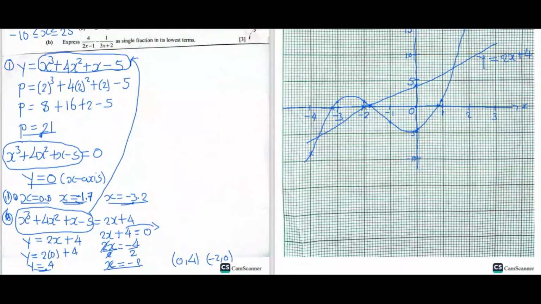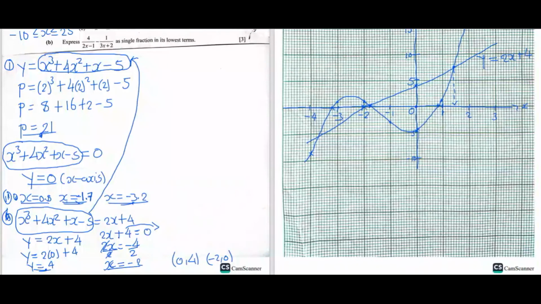Now after we are done drawing this line, look at the first point, at this point where the curve and our linear equation is meeting. So we can now draw a dotted line parallel to the y-axis. The point at which this line will touch the x-axis is our first value of x.